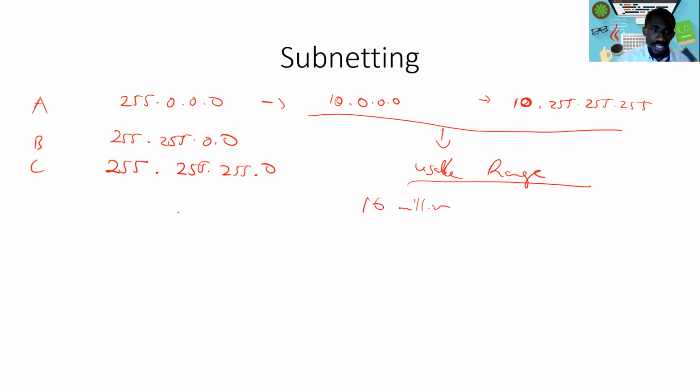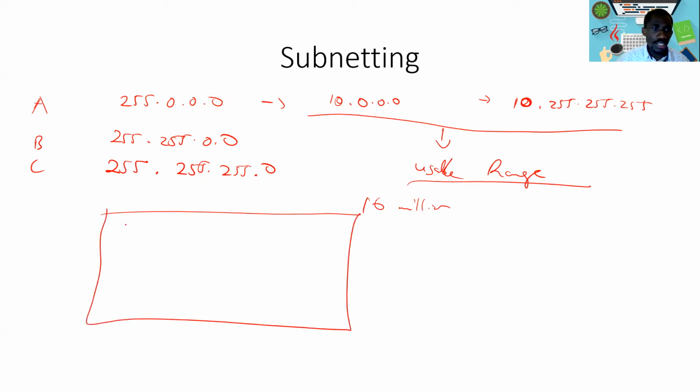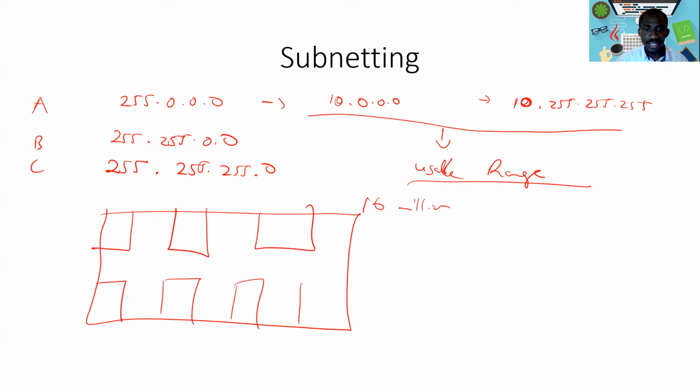Let me give you a logical explanation of this. Assuming you build your house and your house is made up of 7 bedrooms. So bedroom 1, bedroom 2, 3, 4, 5, 6, and 7, these are the rooms that you can sleep in.